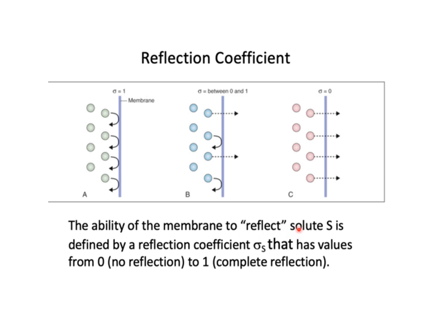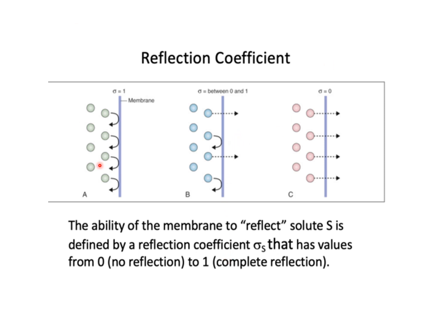We said that the membrane is not permeable to solute, but whether it is totally impermeable or has some permeability is defined by the reflection coefficient, which varies from 0 to 1.